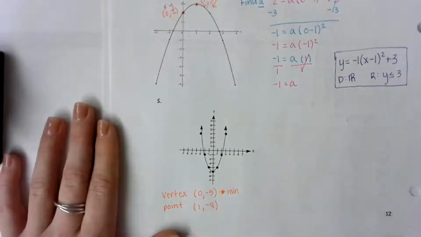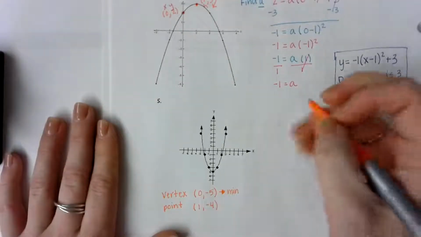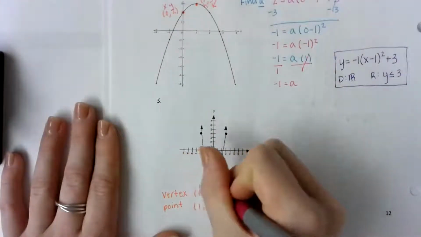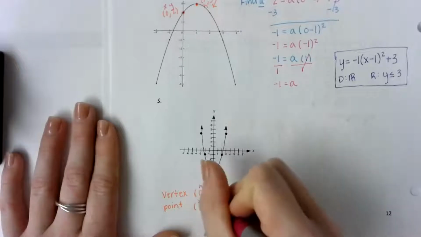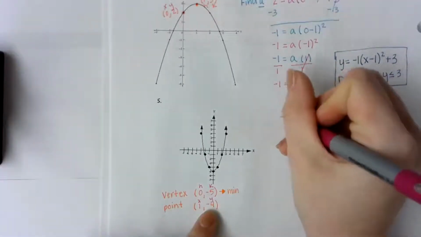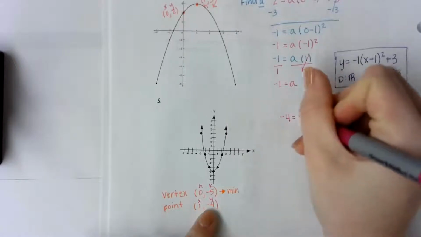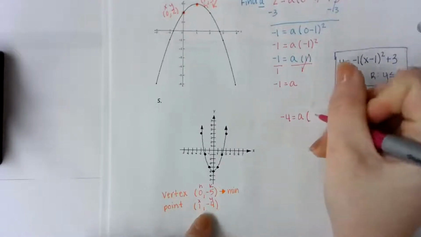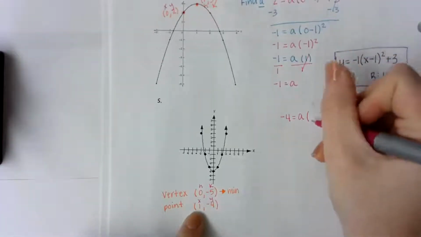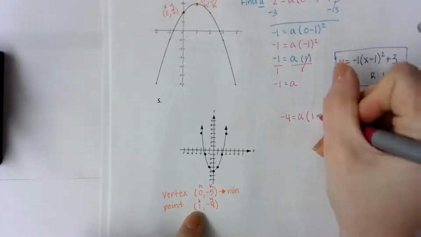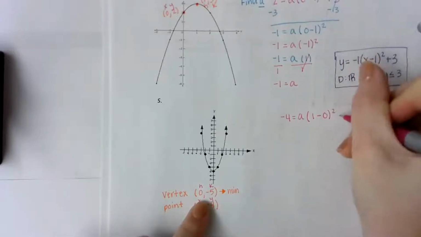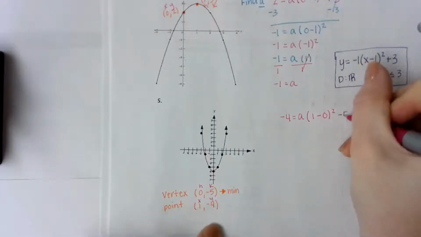Okay, so let's go through and plug those into our equation. So we've got h, k, x, and y. So -4 equals a times x. So x is 1 minus h, so 0 squared minus 5.